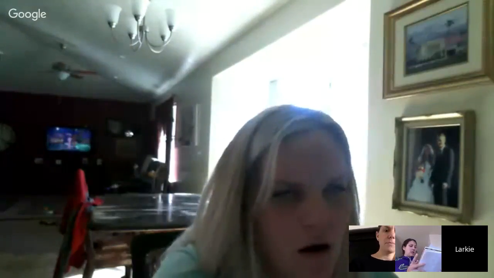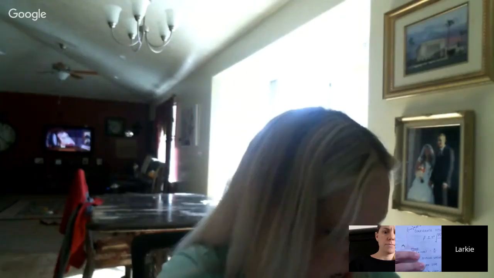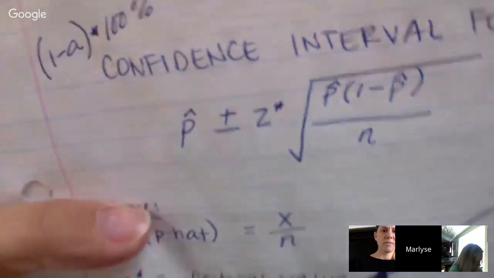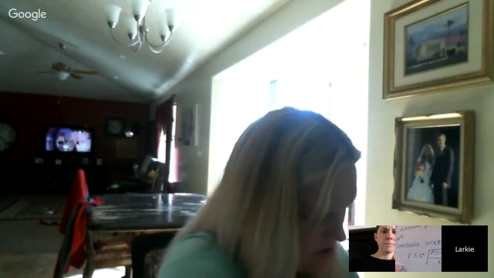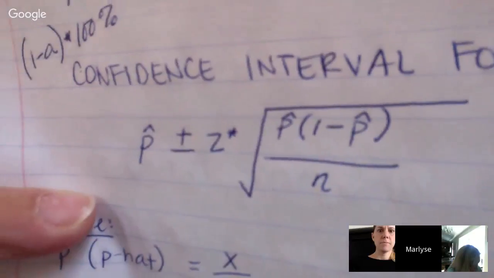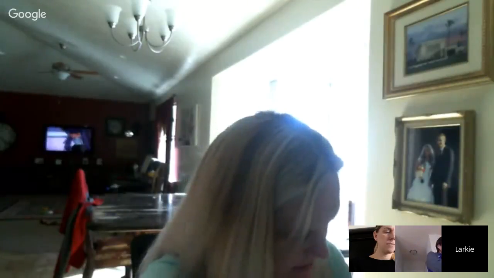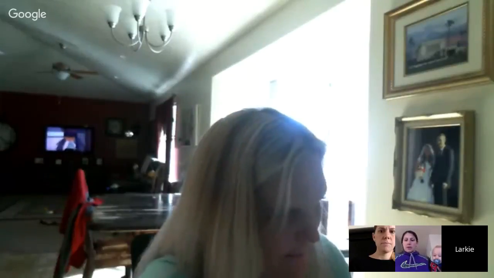No, but the portion of your formula that starts right after the plus or minus, right where the z starts, that's your margin of error. I see.